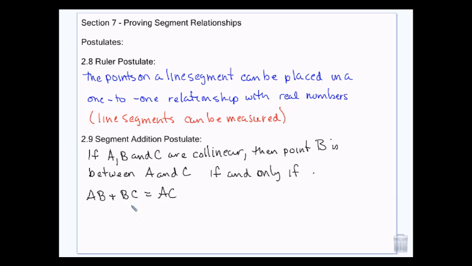So if AB plus BC equals AC, then that means B is between them.